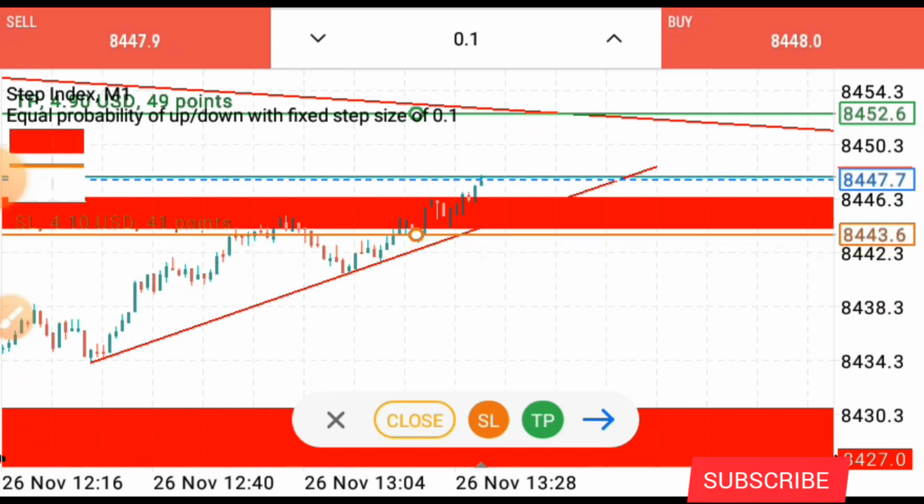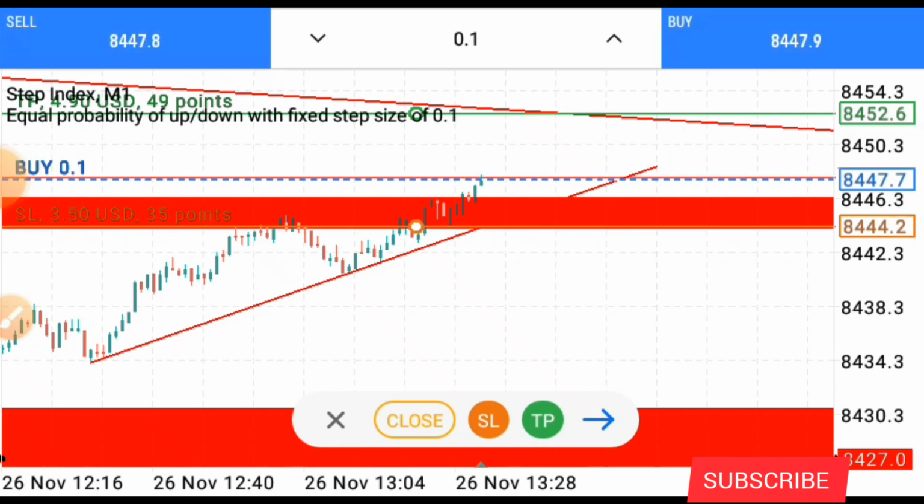This is what I will be risking here. I want to risk about 3.50, and my TP is going to be 4.90. That's approximately $5. Alright, so I'm okay with this.